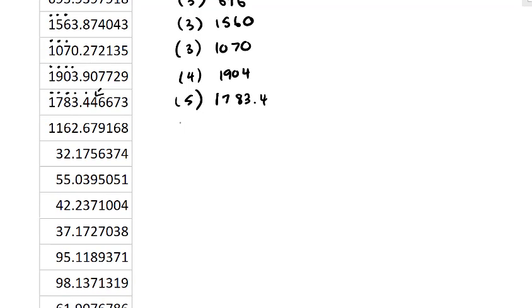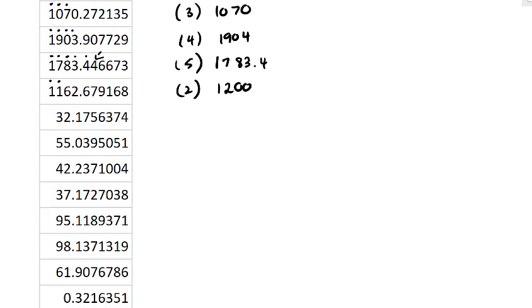Let's do this one to 2 significant figures, so 1, 2, you round based on this one, so 1200. Let's do this one to 3 significant figures. So you can measure this, measure this, measure this, round based on this. The answer is 32.2.